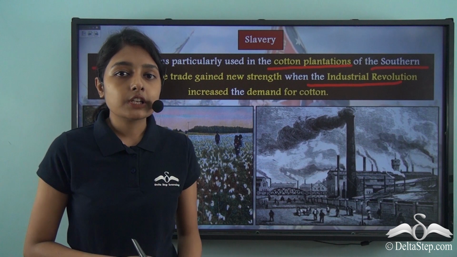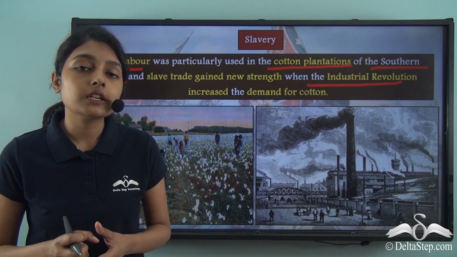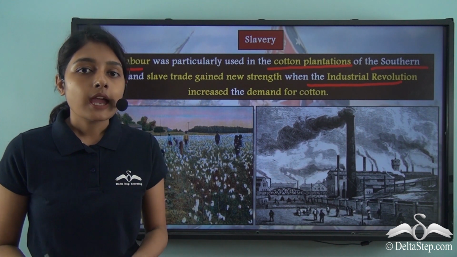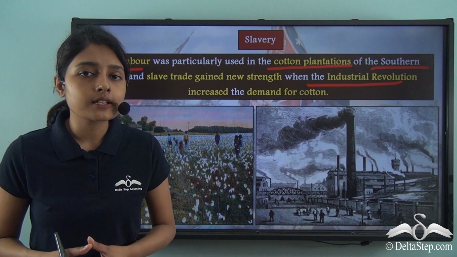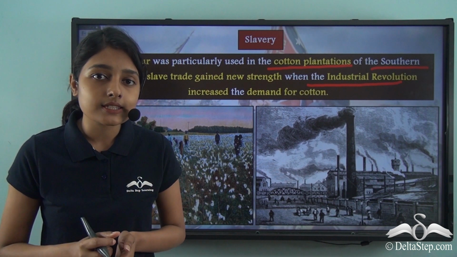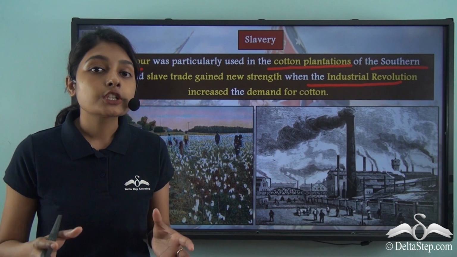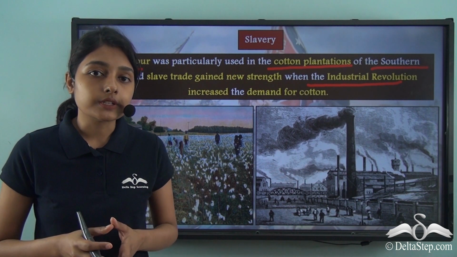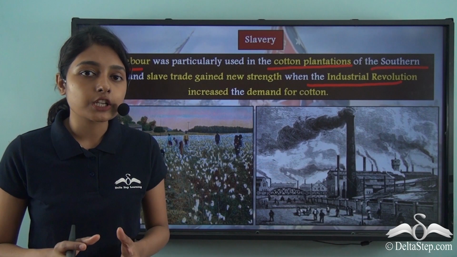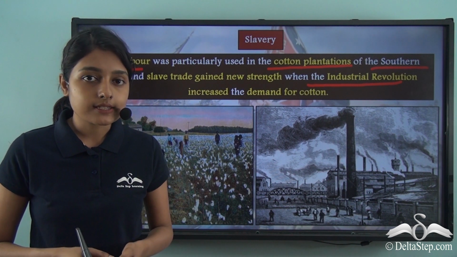The Industrial Revolution necessitated that huge amounts of raw materials were required for the production of finished goods. And how could those raw materials be produced? For the production of those raw materials, cotton plantations, sugar plantations and tobacco plantations were required. It is for this reason that the southern states encouraged the cotton, sugarcane and tobacco plantations.